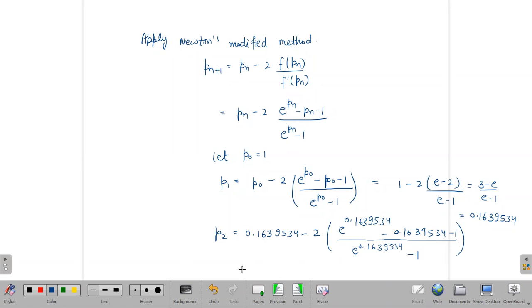So it is approximately equal to 0.0044779. This is the second iteration.